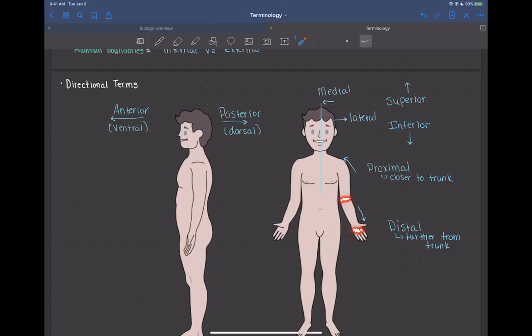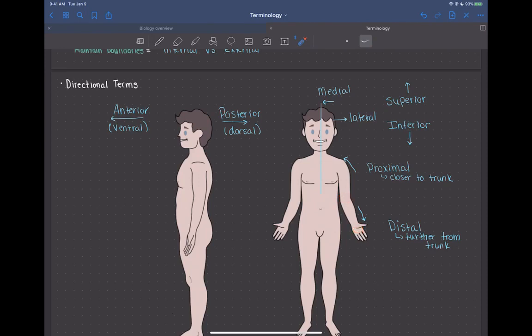While it might be correct to say that the palm is inferior to the crease of the elbow, it is not as accurate as saying that the palm is distal to the elbow. It's further away from the trunk than the elbow.